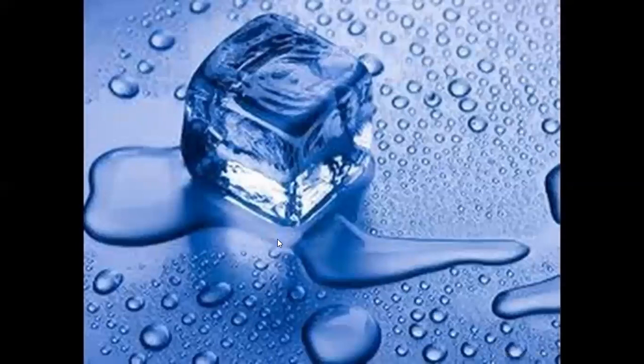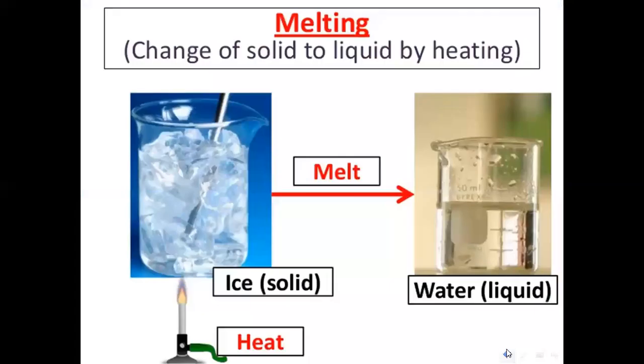Again, here you see the air around the ice cube is warmer, so that is why the ice cube starts melting. Heat can melt solids. Change of solid to liquid by heating: in the beaker, there are ice cubes in solid state.